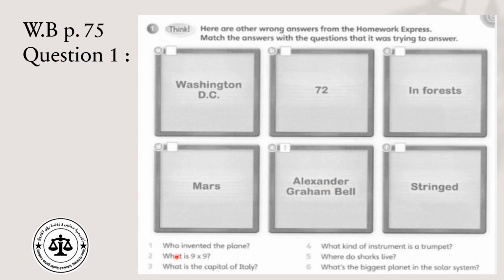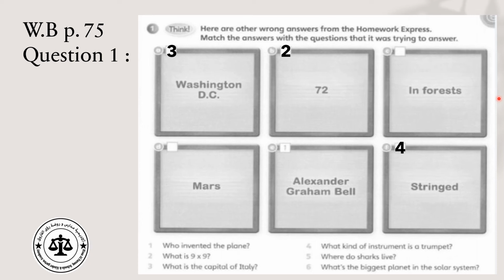Number 2. What is 9 multiplication 9? The answer was 72. Bravo. Number 3. What is the capital of Italy? The answer was Washington. Number 4. What kind of instrument is a trumpet?